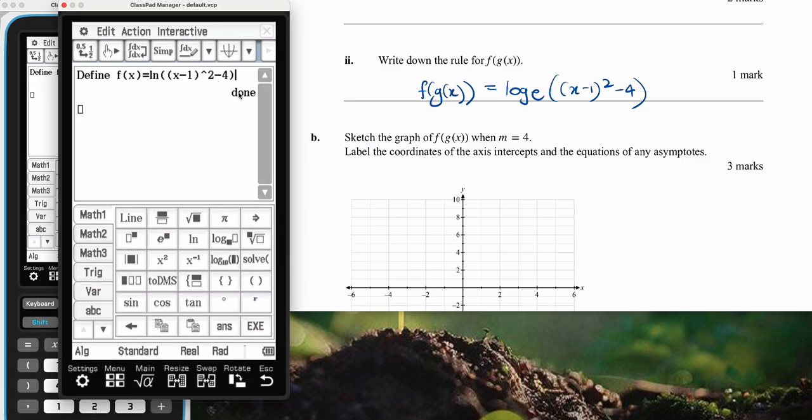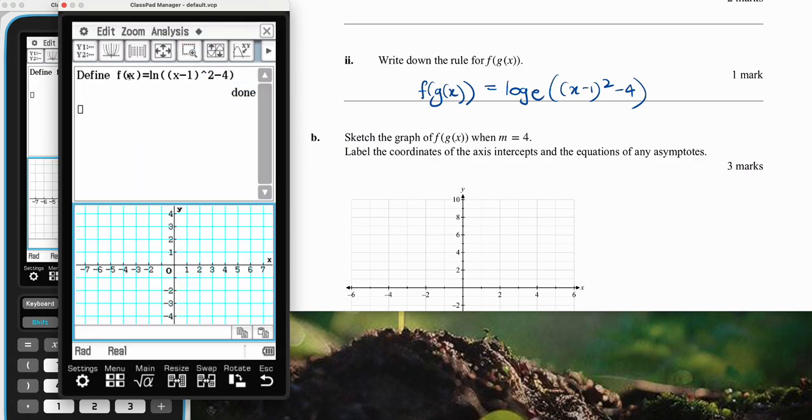So we want to define that, and we want to sketch the graph. It says, sketch the graph when m equals 4, label the coordinates of axis intercepts and equations of any asymptotes. So let's just define that and graph it and see what happens.